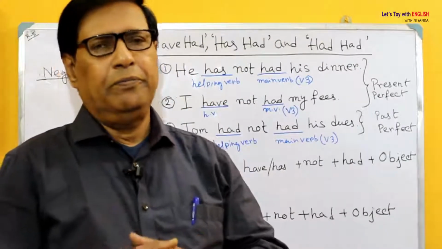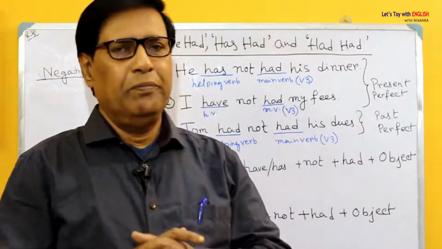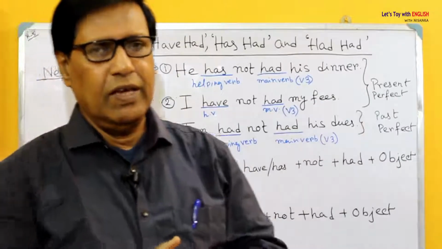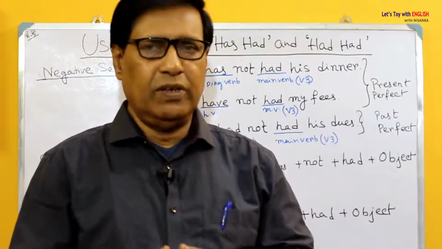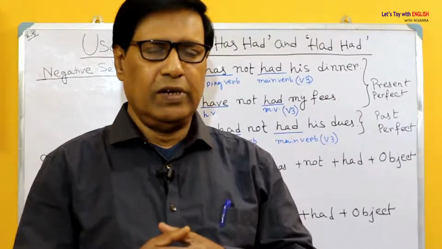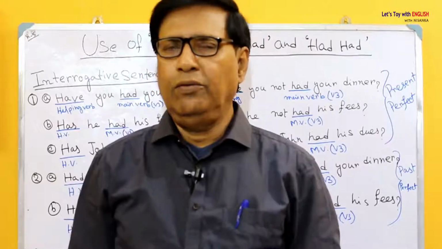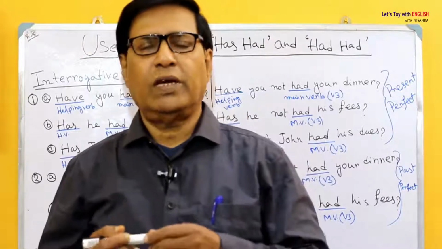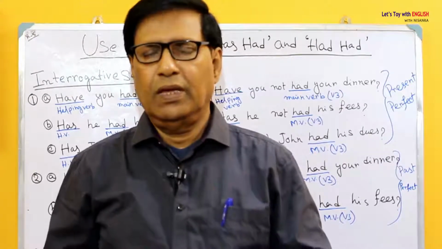Now let us come to discuss the use of these things in interrogative sentences. What will be their formation and how could I start such sentences? Now it's time to see how to use such kinds of verbs in interrogative sentences.